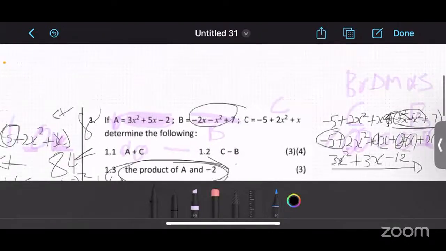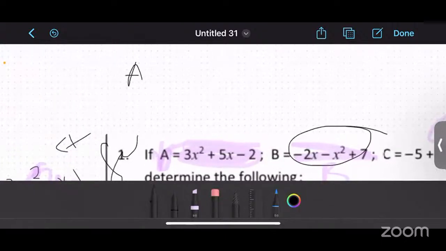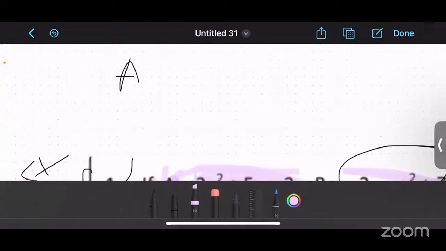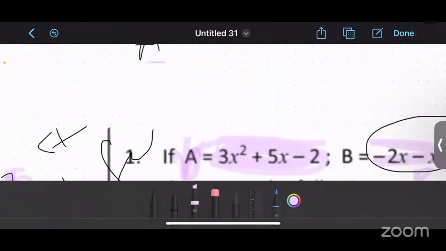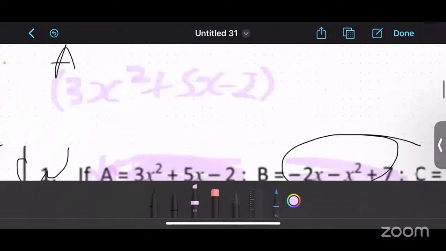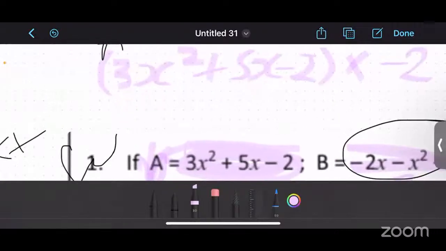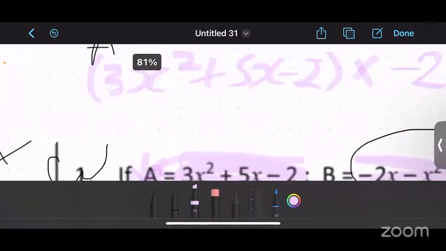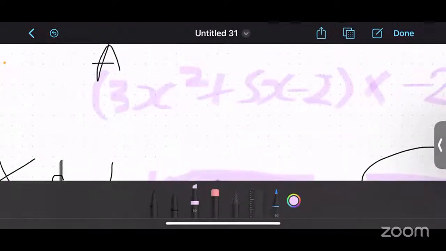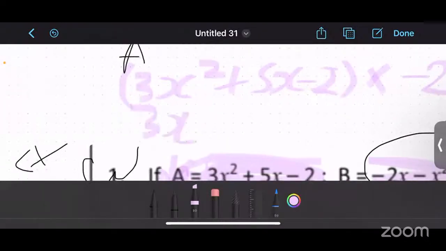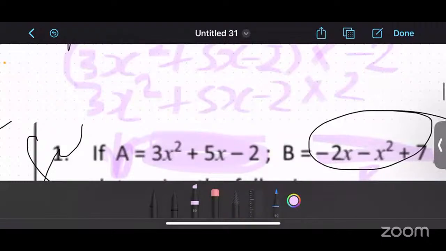So we're just going to go here and say, okay, our A is equal to 3x squared plus 5x minus 2, and I'm just going to keep everything in the brackets, multiplied by -2, like that, okay? And then remember, we must remove the brackets, but everything must be multiplied by -2. You can't just say, okay, now we have 3x squared plus 5x minus 2 multiplied by -2 and say you remove the brackets.